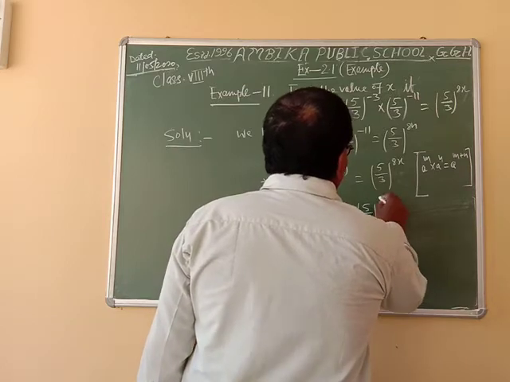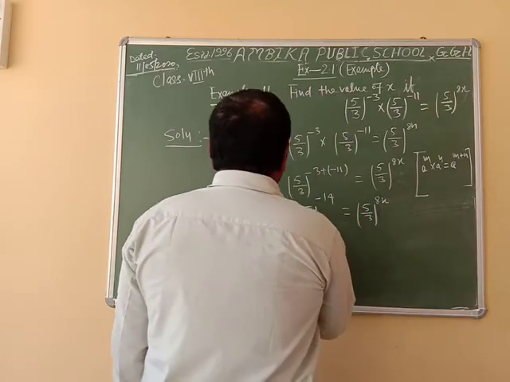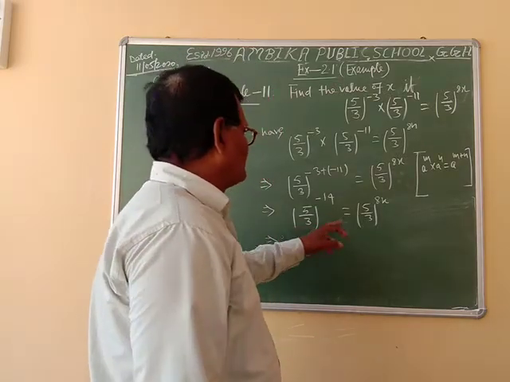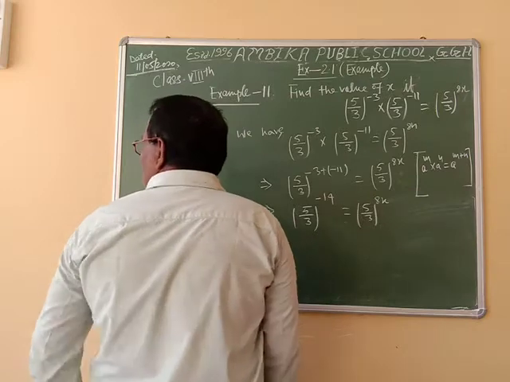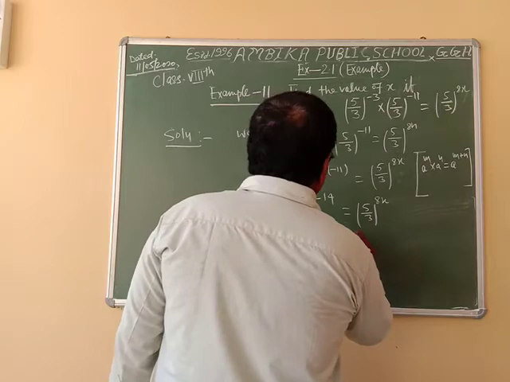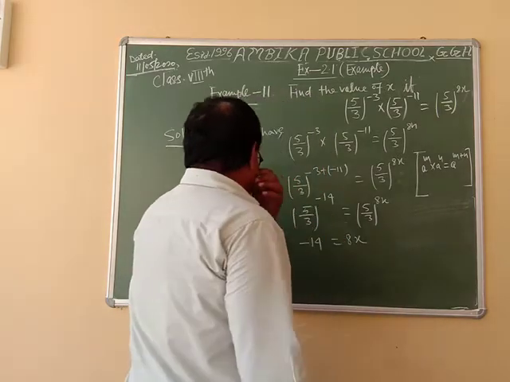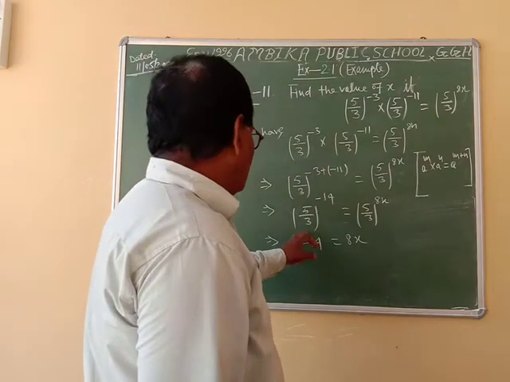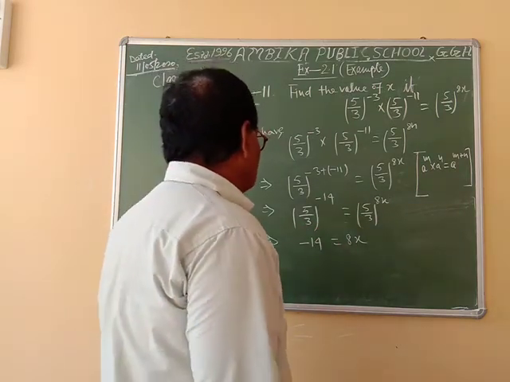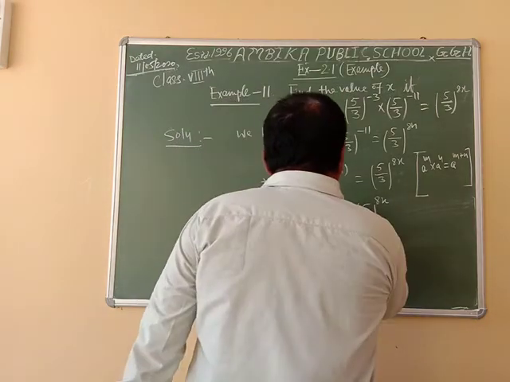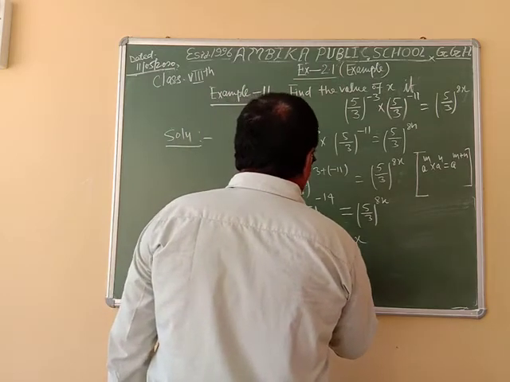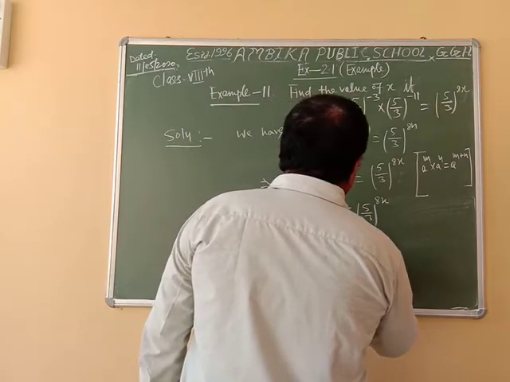Here we see that both terms have equal base. So we can write -14 is equal to 8x, cancelling the base 5/3, because both bases are equal. Minus 14 is equal to 8x, so x is equal to -14 by 8.